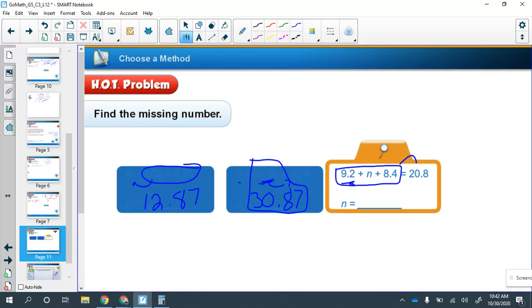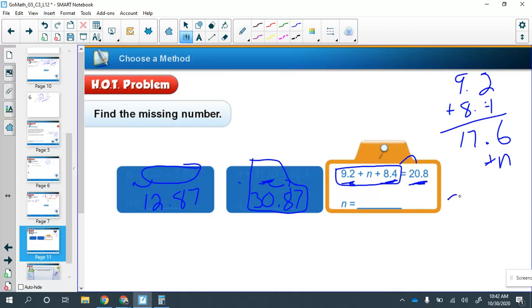So I'm going to start off by adding these two numbers together. 9 and 2/10 plus 8 and 4/10. 2 plus 4 is 6. 9 plus 8 is 17. So 17 and 6/10 plus n is going to equal 20 and 8/10.